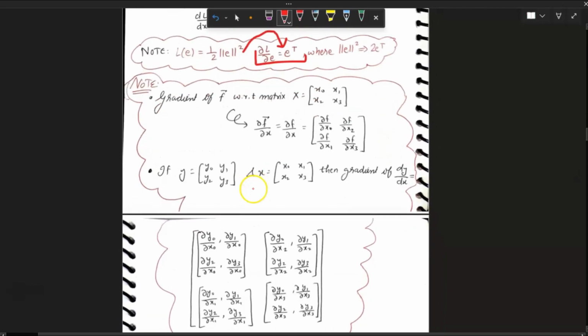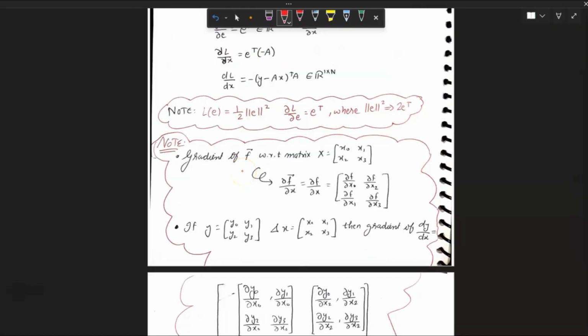Okay. So moving to the next note, we have gradient of f vector with respect to matrix X can be given as dou f by dou x is equal to dou f by dou x0, dou f by dou x2, dou f by dou x3, and dou f by dou x1. Okay, so here also you can notice that x1 should be flipped with x2. So x2 will come here, x1 will come here.